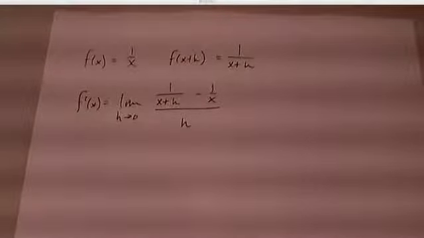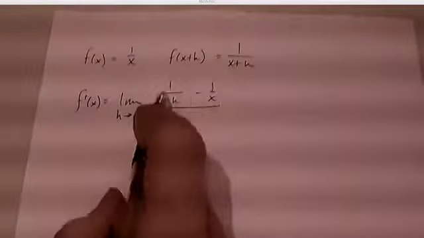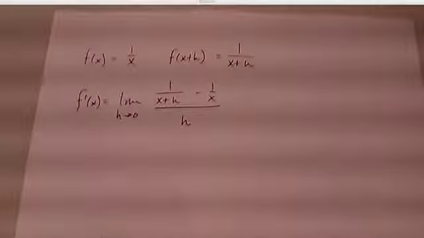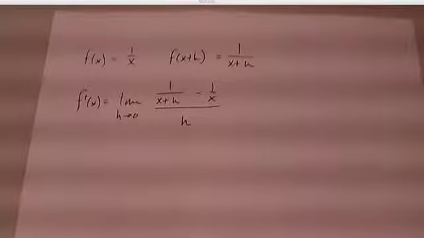And in order to simplify this fraction, you could, as I've said before, get a common denominator in that big numerator. But that's not the easiest way to do it. The easiest way to do it is determine what that common denominator would have been had you done it that way, and to multiply through by it.